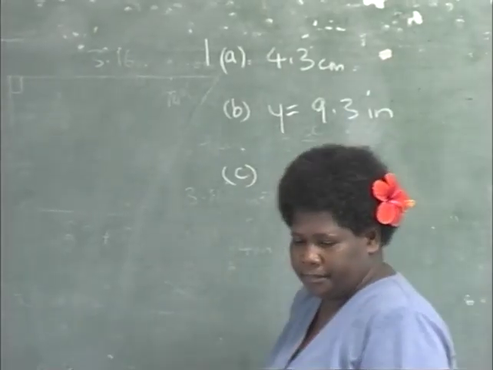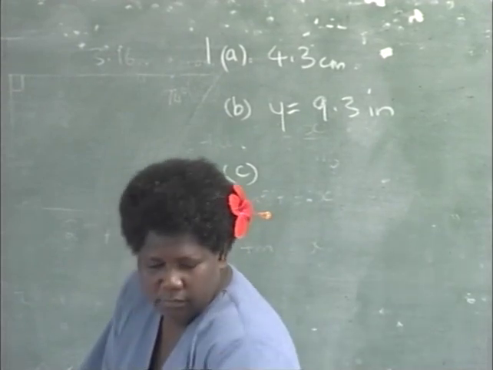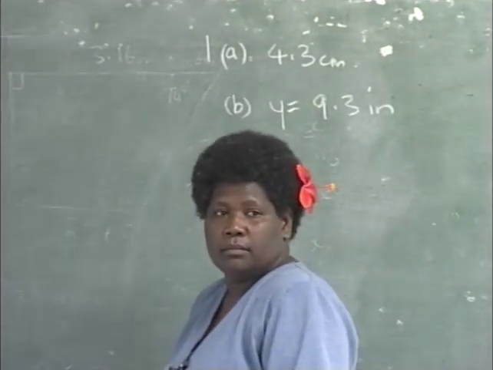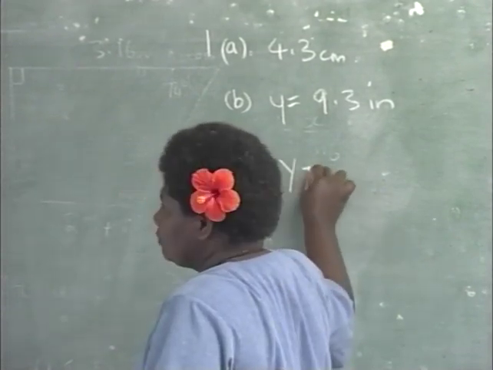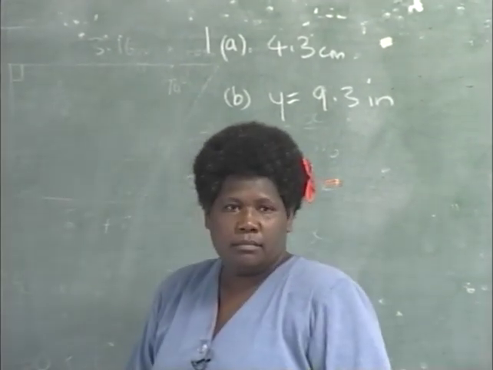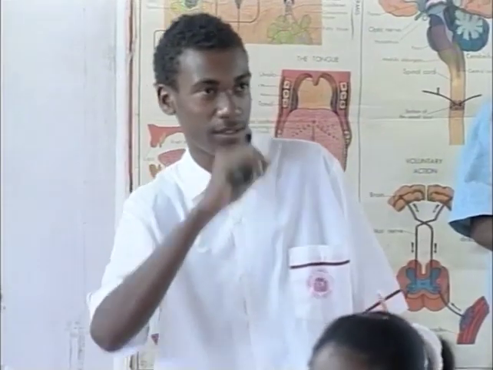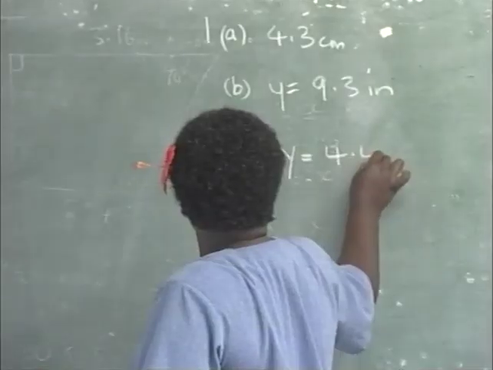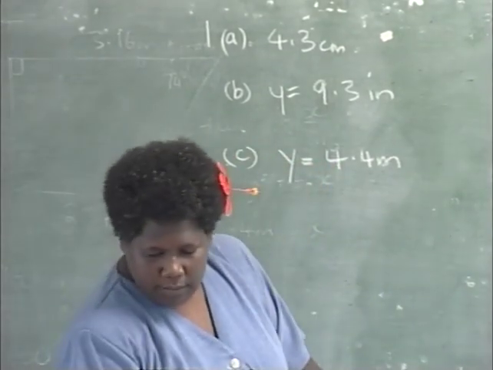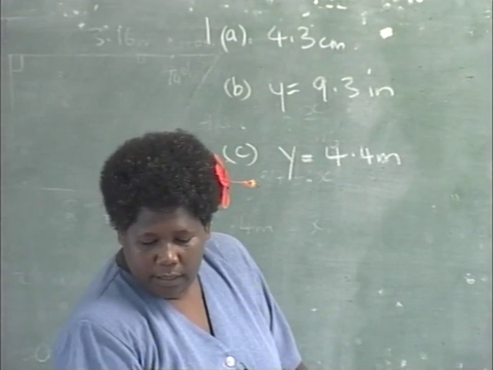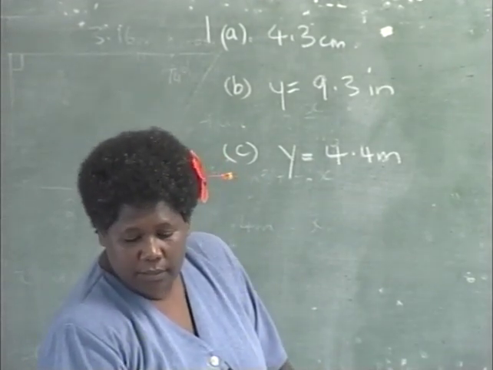Livingston. 4.4 meters. Right, that's question 1, A, B, and C.